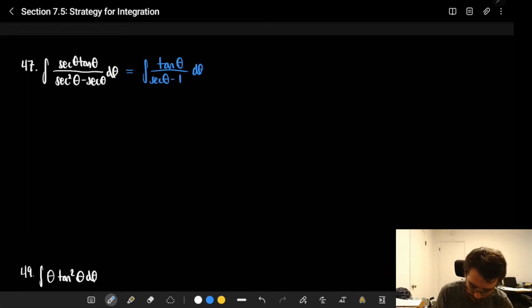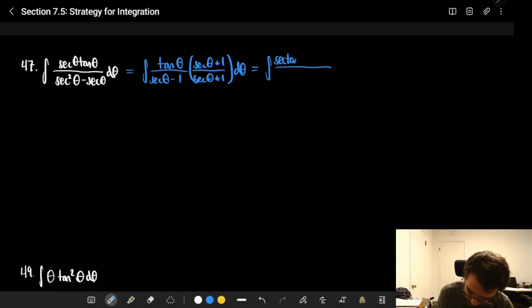So what if I multiply by the conjugate? Secant plus 1. So that gives me secant tangent on top, which is sort of nice. Forgot my theta. Plus just tangent theta. And then on the bottom, difference of squares gives me secant squared minus 1 as desired.